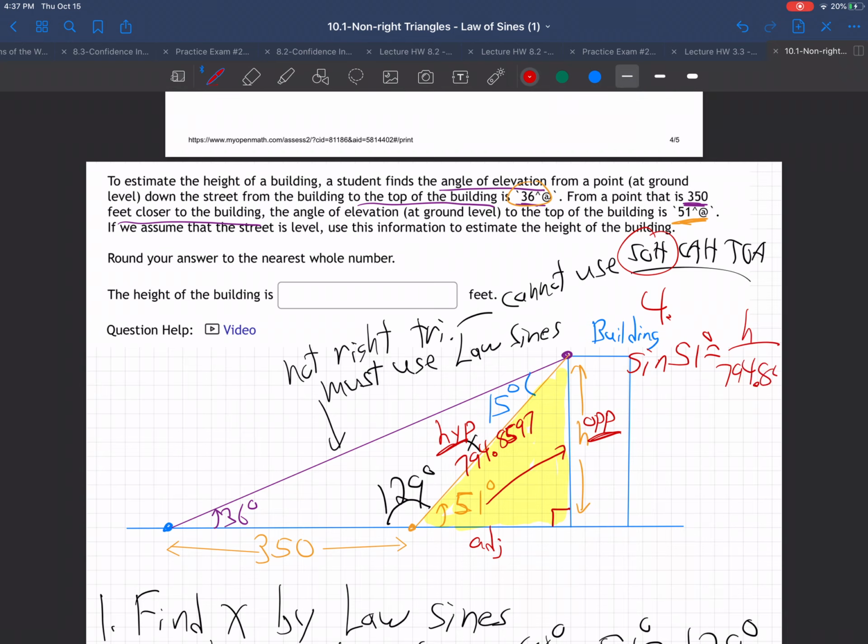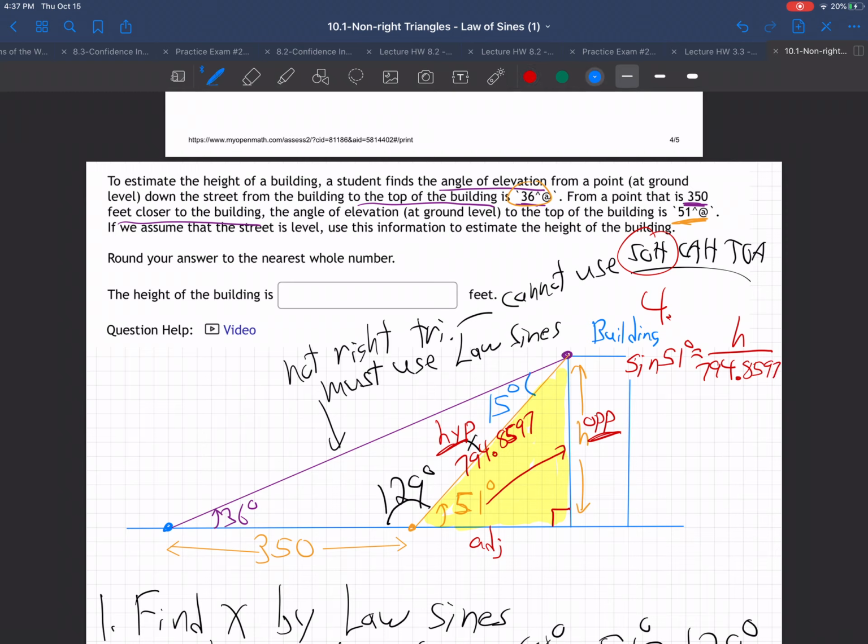I don't have room there, do I? I want you to be able to see it. So try again: the sine of 51 degrees is the opposite, h, over the hypotenuse, 794.8597.